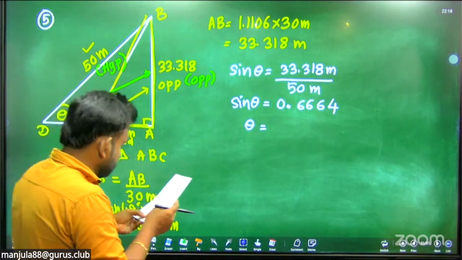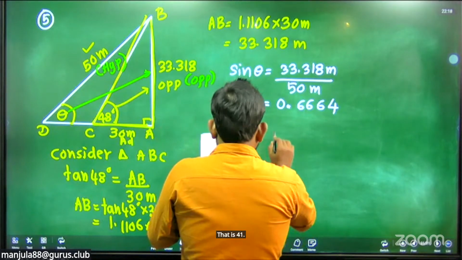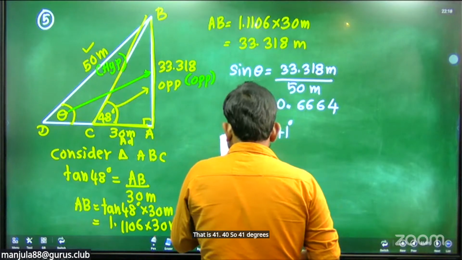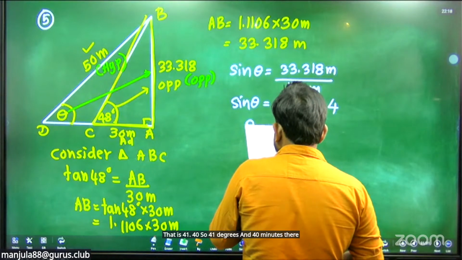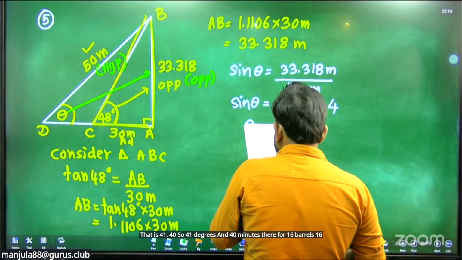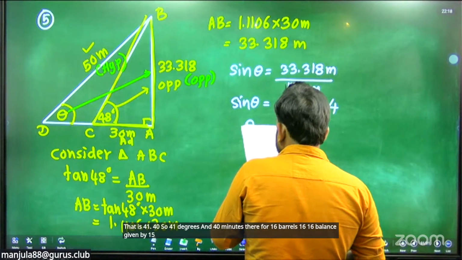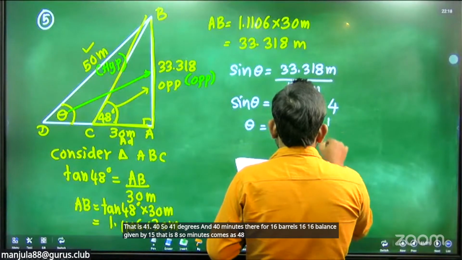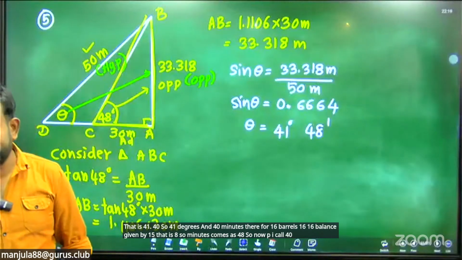That is 41 degrees and 40 minutes, and for the balance 16, 16 balance given by 15 with mean difference is 8. So minutes comes as 48. So now theta equals 41 degrees and 48 minutes.